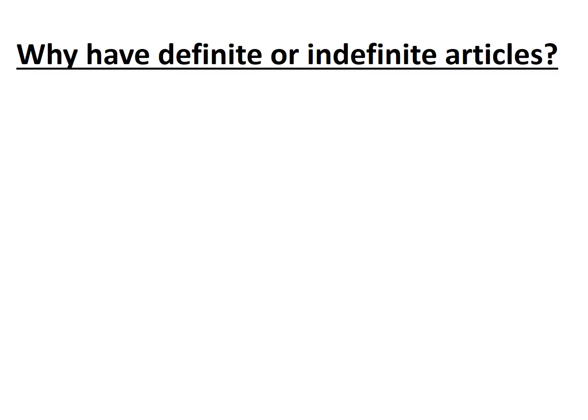So why have definite or indefinite articles? What do they really show us? Well, all they do is clarify if the noun mentioned in a sentence is particular, specific, a definite article, or referring to a noun more generally, and that's why we'd use indefinite articles.